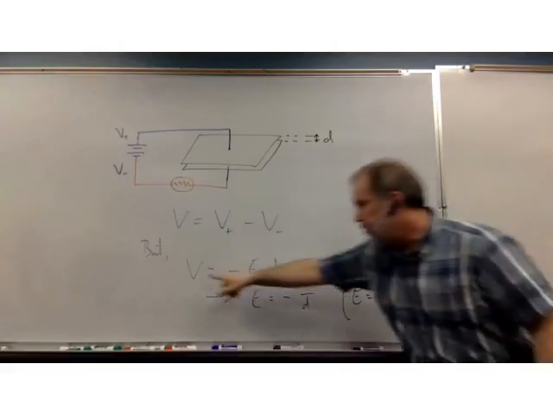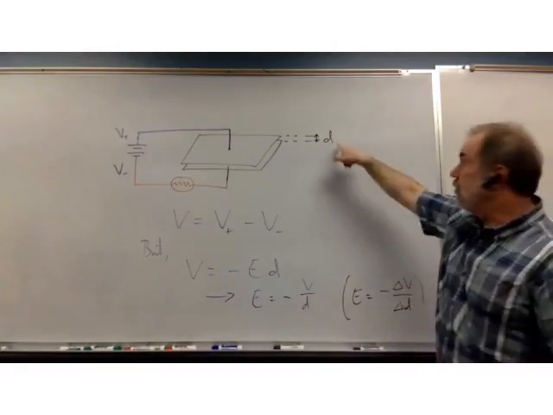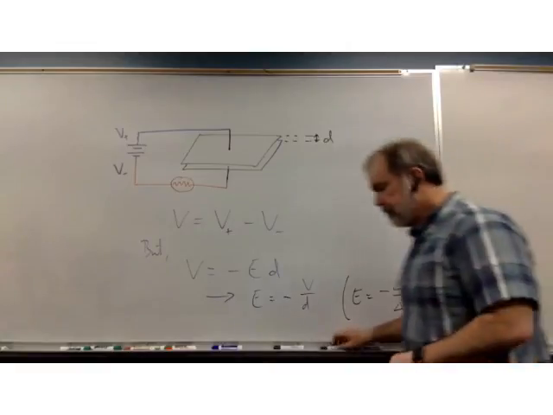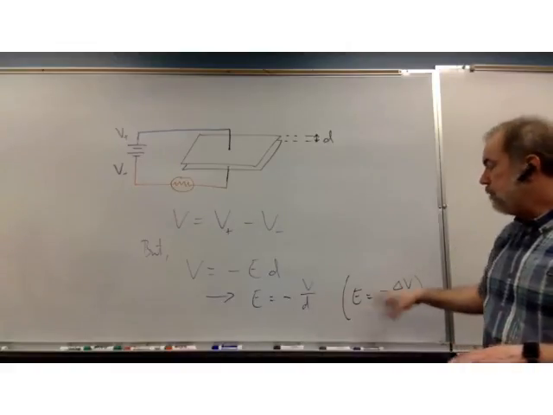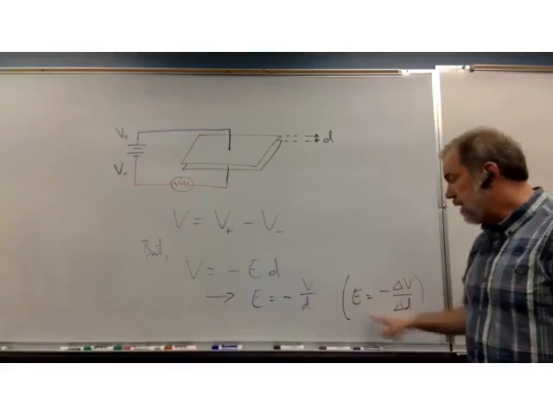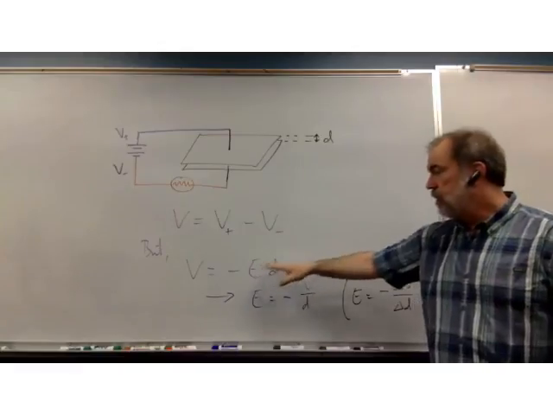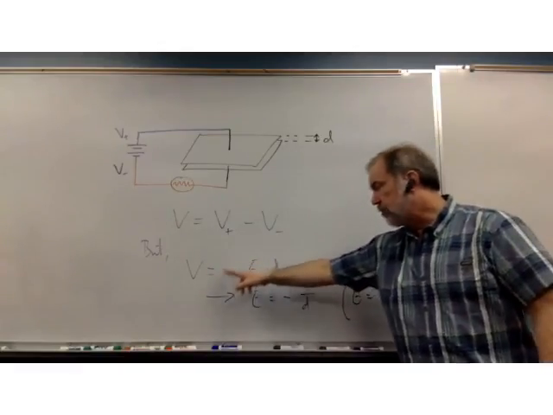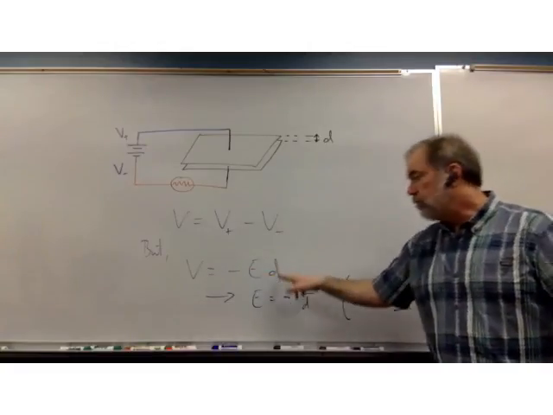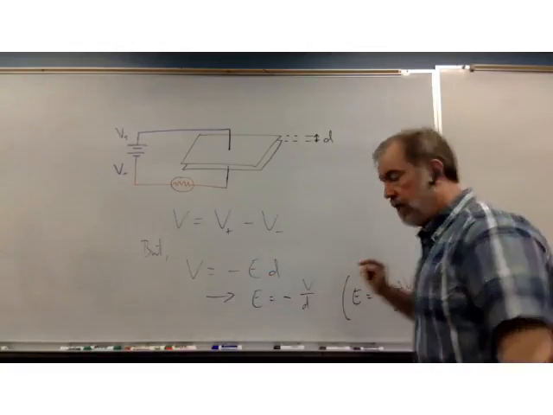Instead of delta V, I just called it V. Instead of delta D, I just called it D, but it's the same idea. So the point being that this is the mathematical relationship that relates the electric field created by the battery to the electric potential created by the battery and to the distance between the plates.